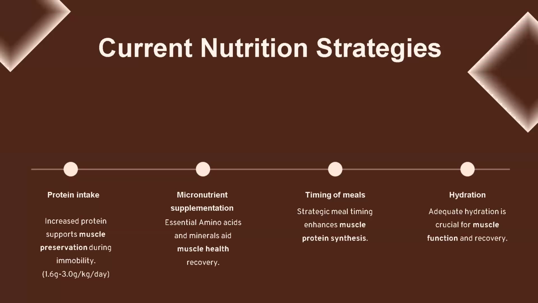We also have beta-hydroxy-beta-methylbutyrate, which is a metabolite of leucine that supports muscle preservation. It also reduces breakdown and aids reloading post-disuse or immobility. It is effective clinically and in older and bedridden patients.